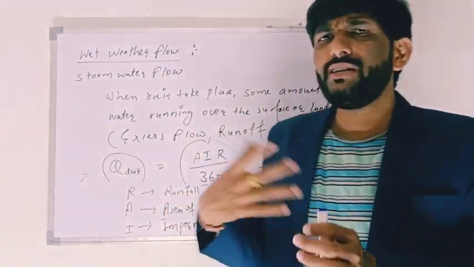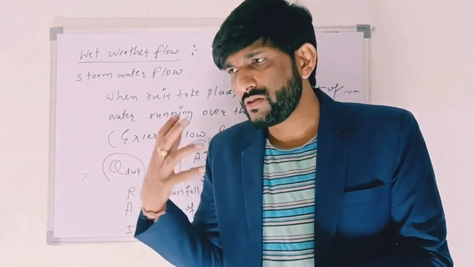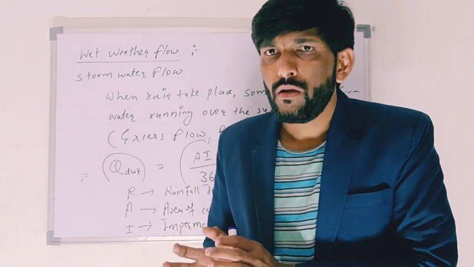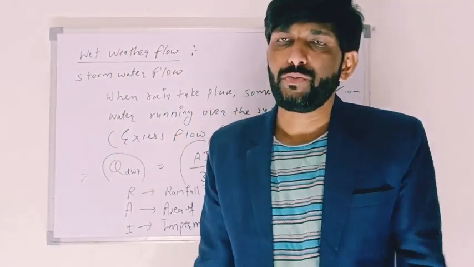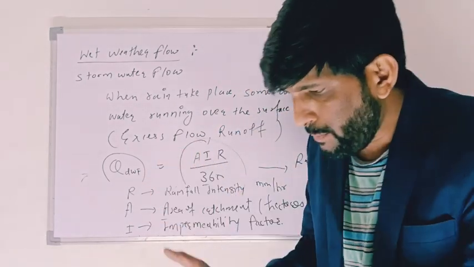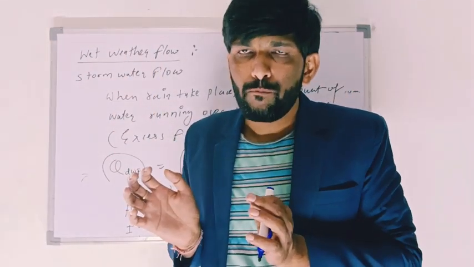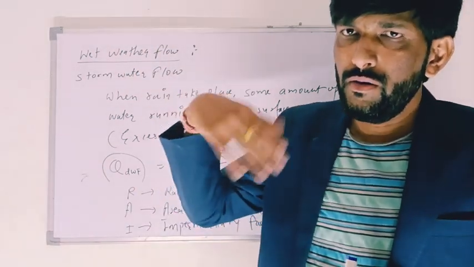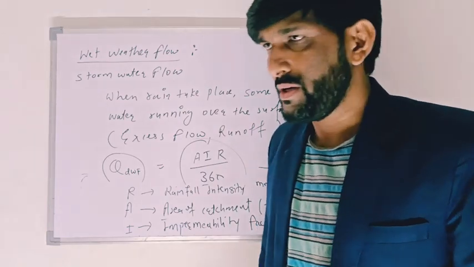Total discharge is calculated somewhere, at some fixed point, and this point is getting rainwater from some area. This area is known as your catchment area. The particular point is getting some water from some area. How much is this area, in hectare or kilometer square? This area is your catchment area.